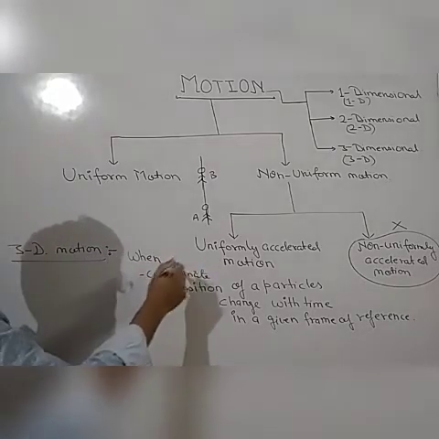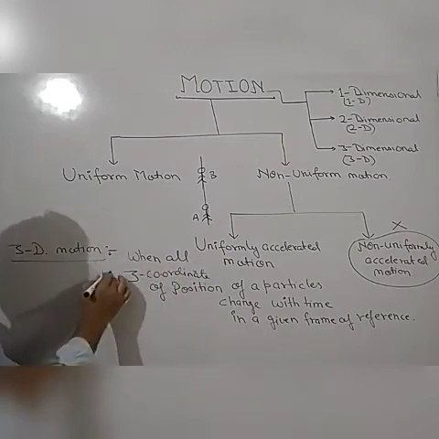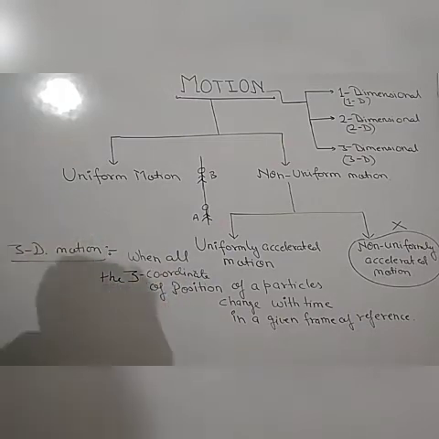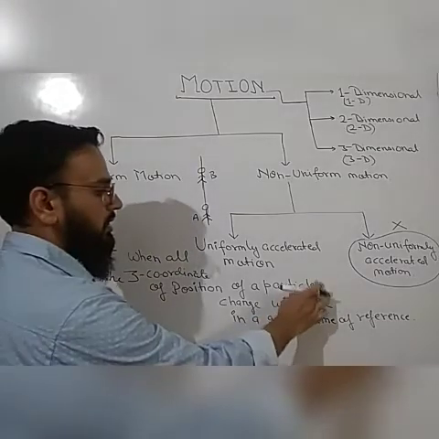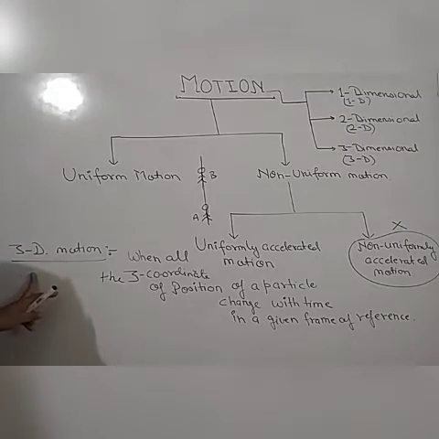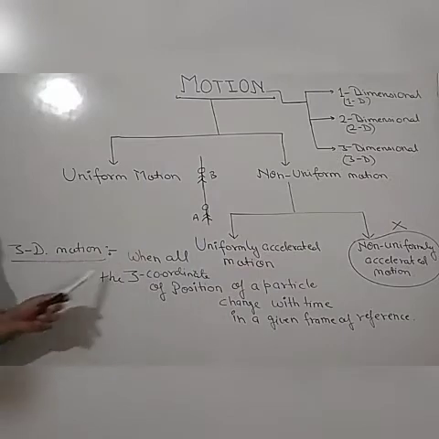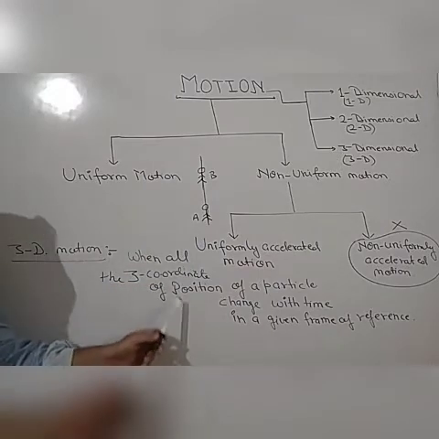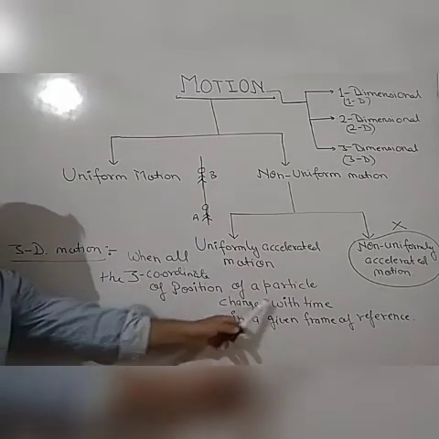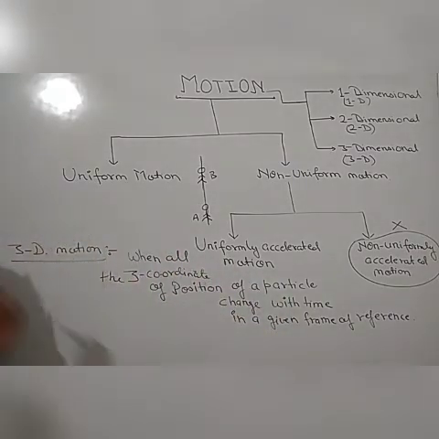When all the three coordinates of position of a particle change with the time in a given frame of reference, then that motion is said to be three-dimensional motion, or 3D motion. So what is the definition? When all the three coordinates of position of a particle change with the time in a given frame of reference, then that motion is said to be three-dimensional motion.